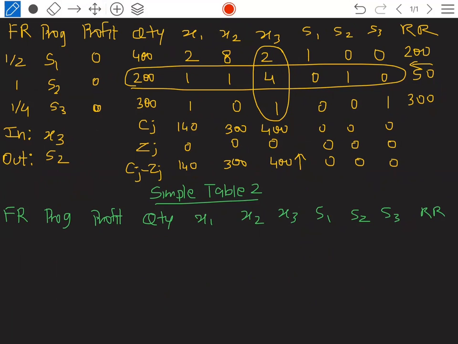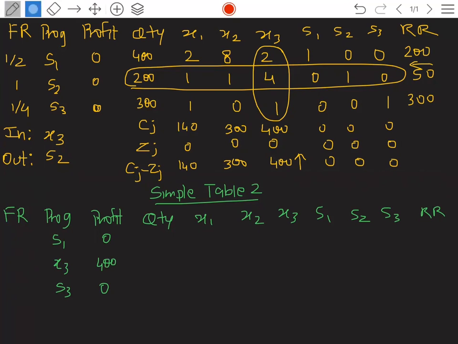Then, as we have decided, in this program column, S1 continues to be there, S3 will continue to be there, but in place of S2, we are going to get X3. Then talking about profits, that's 0 and 0. X3 is giving us a profit of 400.